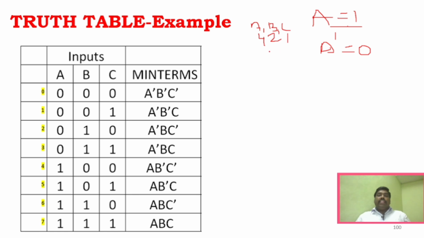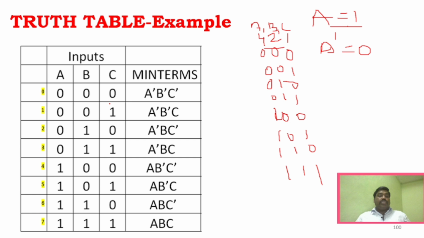So we can write this input as 0 0 0, then 0 0 1, then 2 and 3, then 4 which is 1 0 0, and 5 which is 1 0 1, and 6 and then 7, where everything becomes 1. That is what is written here: 000, 001, 010, 011, 100, 101, 110, 111.